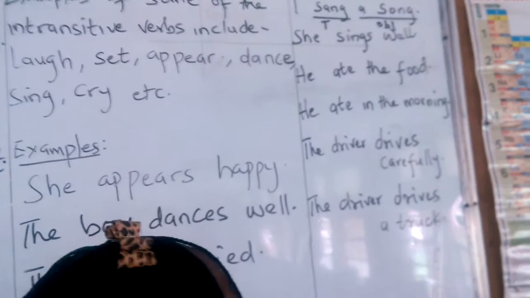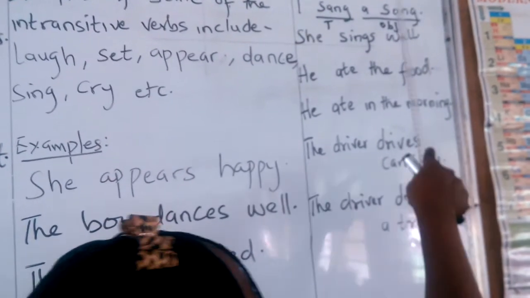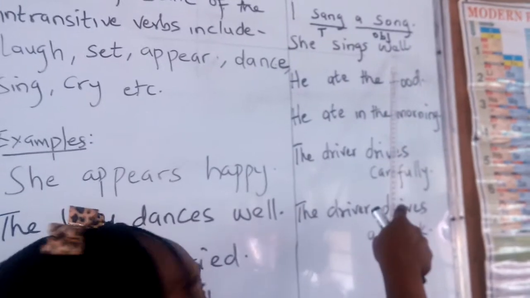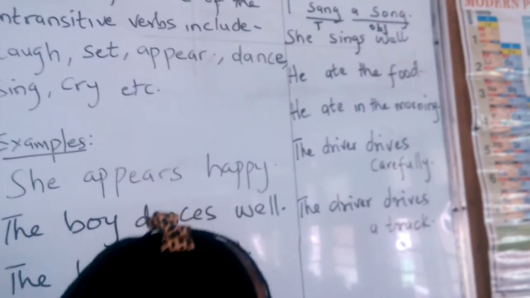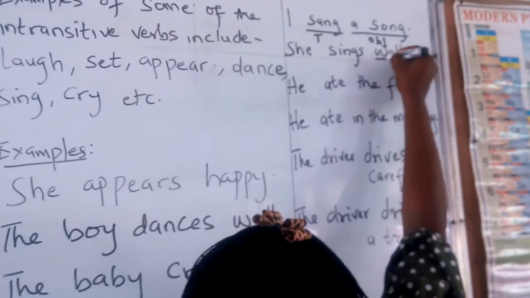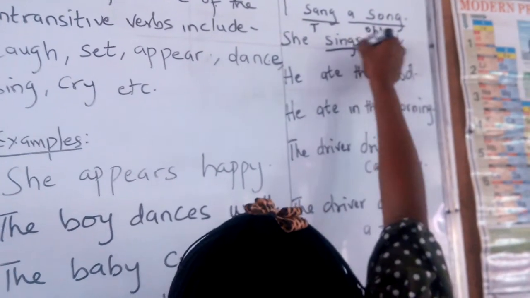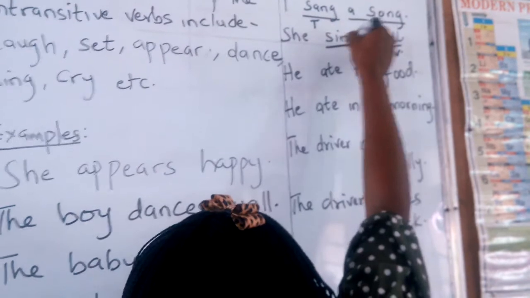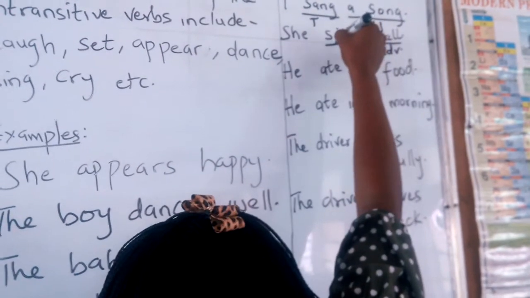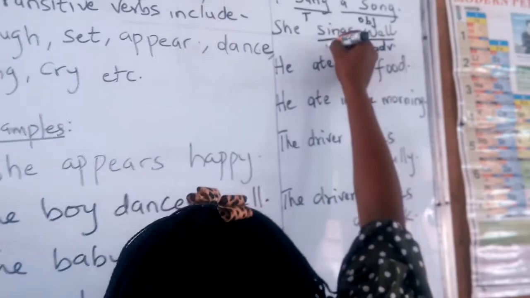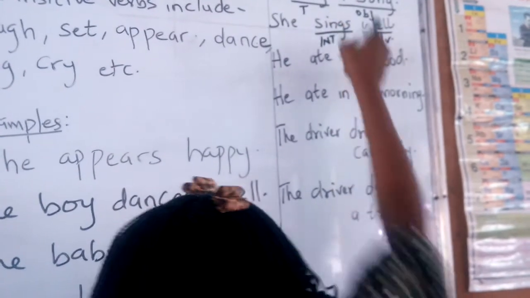If I say, what was sung? A song. If I repeat the question here, it will not take me to well, which means this is not an object. It is simply an adverb that tells you about the verb, just how she sings. So this is an intransitive verb.